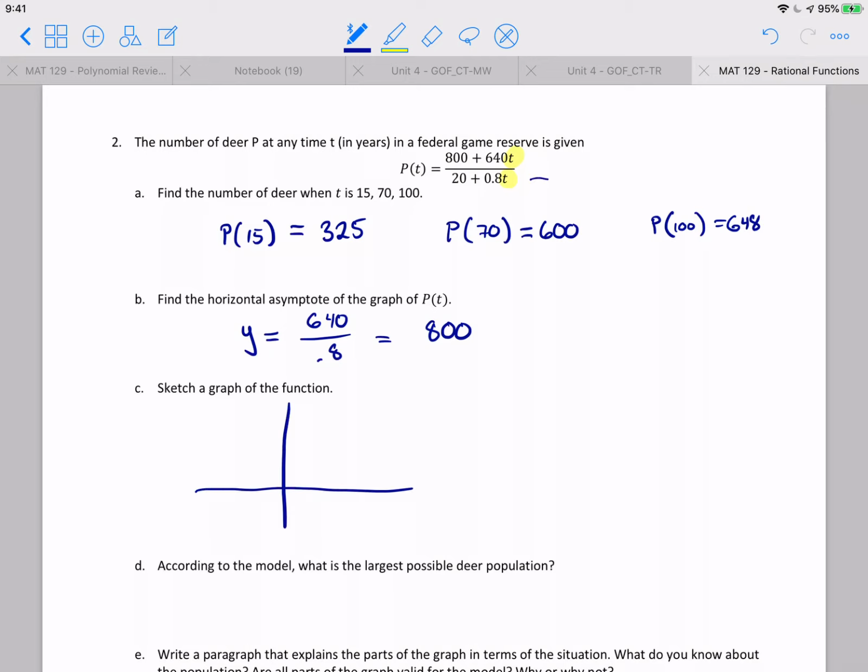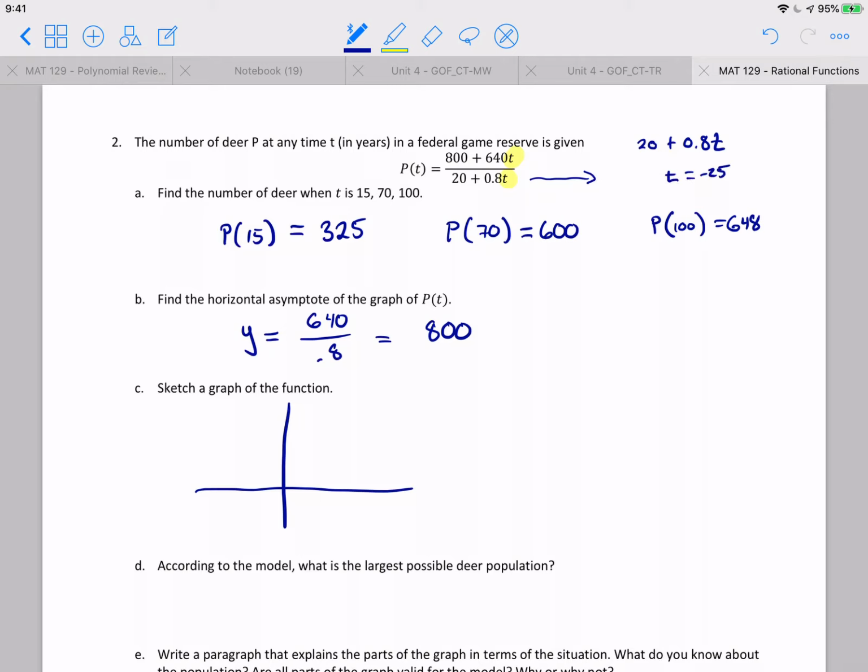oh, by the way, is there a horizontal or vertical asymptote? Well, vertical asymptotes are when the denominator is equal to 0. So if you solve that real quick, you're going to get t equals -25.